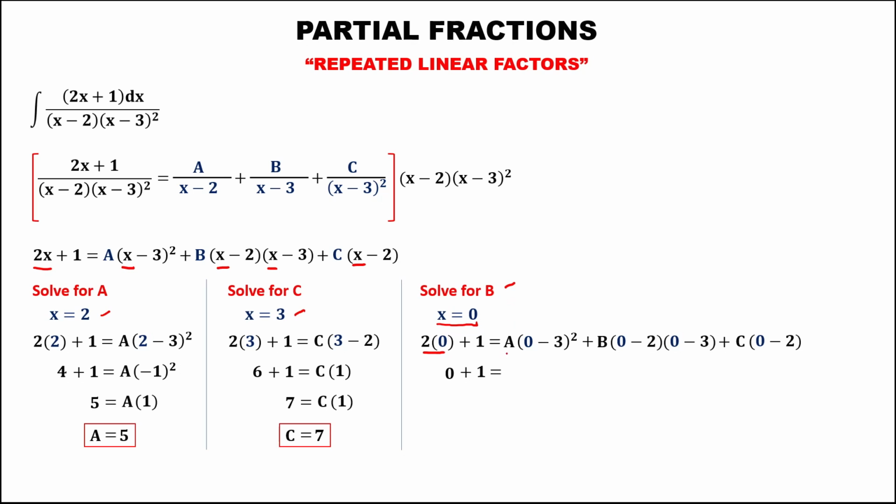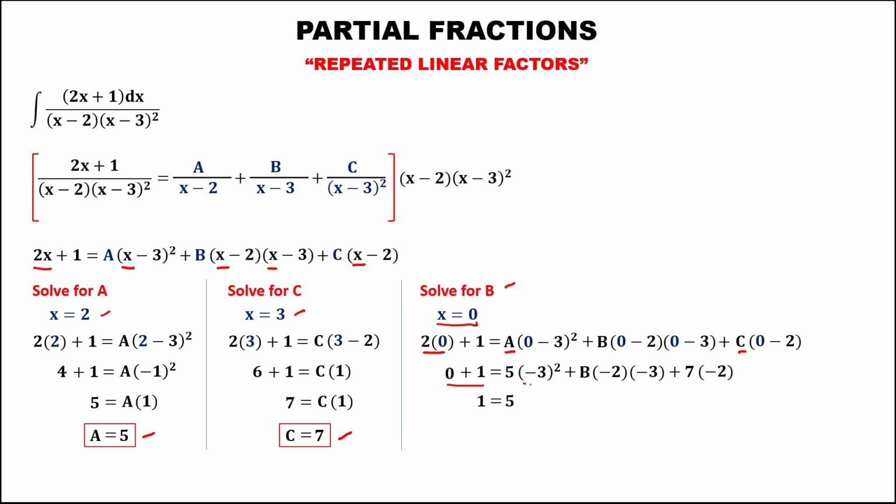Then substitute now the value for a. Since a is equal to 5, this becomes 5 times negative 3 to the power 2, then plus b times negative 2 times negative 3, then plus c. So c is positive 7 times negative 2. Then to simplify, 0 plus 1 is 1, then equals 5.